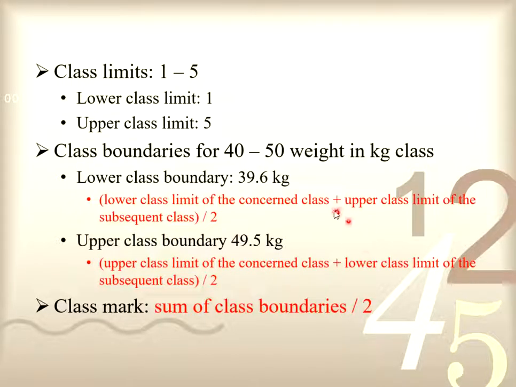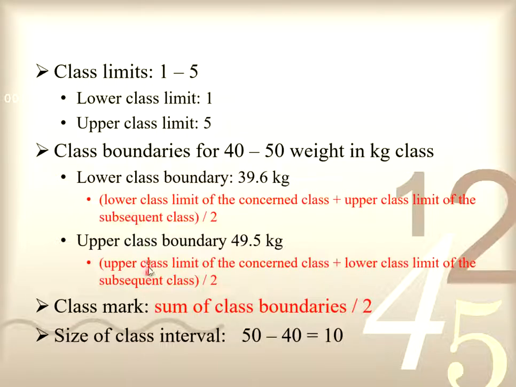We will show the computation for this later. Don't get confused, the computation we use here is a bit different. Class mark, the sum of class boundaries divided by 2. Size of class interval. Only the boundaries are used. So 50, the highest per class, minus 40 equals 10.